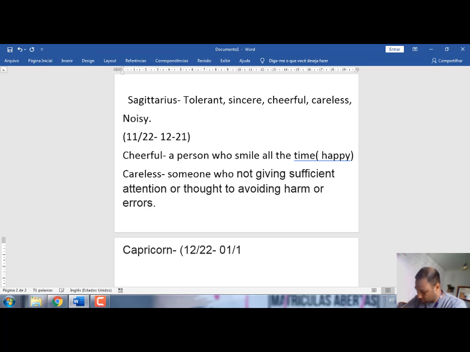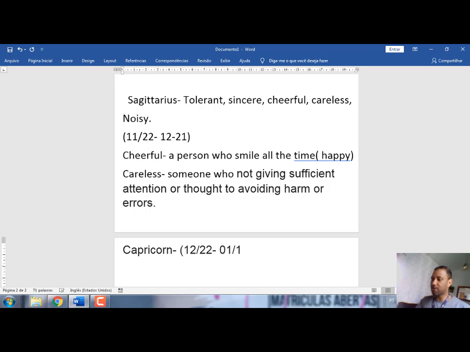All right? The first one, guys, we stop in pieces. The first one, Aries. Who is Aries here? Tell me, who is Aries here? Aries, guys, is for someone who was born from March 21st until April 19th.